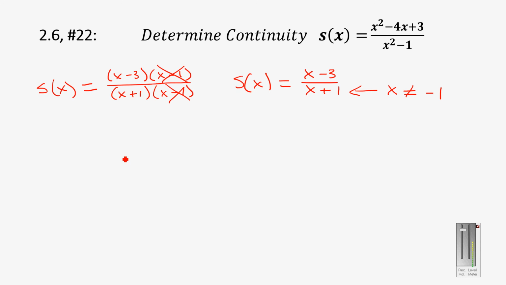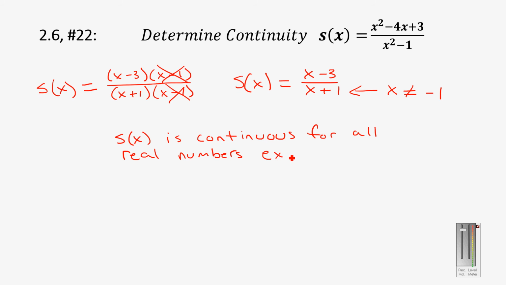So in this case, there are a number of ways you could write this. S of x is continuous for all real numbers except at x equals negative 1.